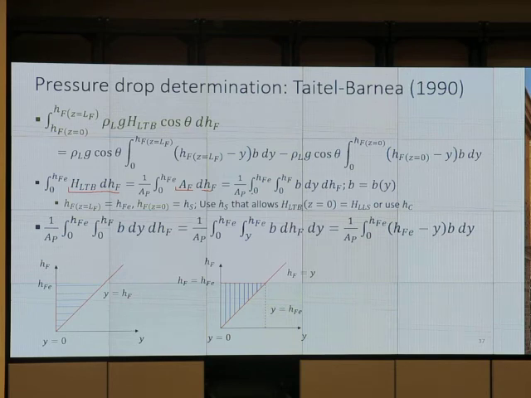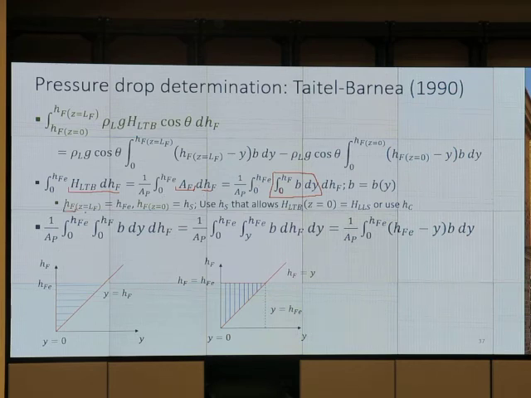Last time we stopped somewhere around here. Double integration. I said, hey, let's not use AF, but do the integration from 0 to HF of B dy. How about that? This term will give me A sub F, the film area. Now let's take a look at the integration limit.